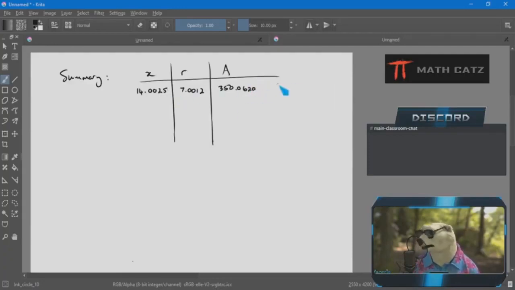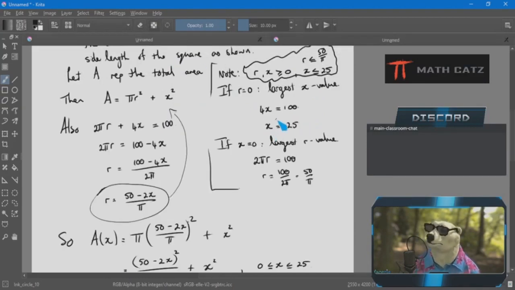Okay, so this is my critical point. Critical point. I also have to remember to check the endpoints.